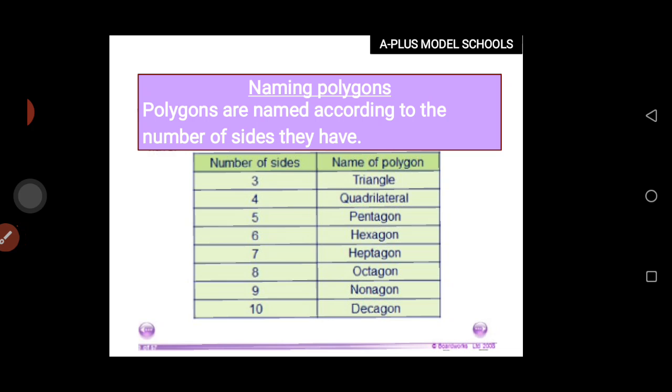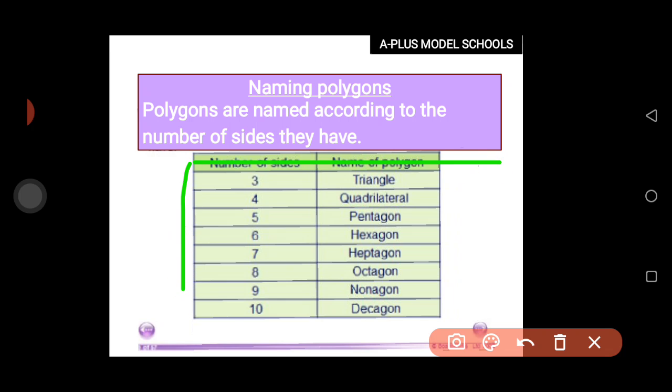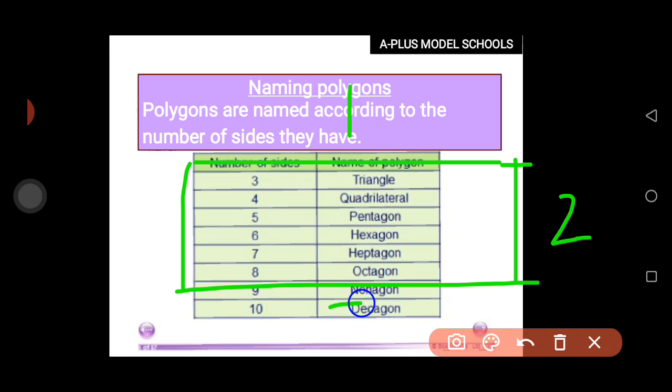The next one is a quadrilateral. It's a shape that is enclosed by 4 sides. For instance, if I have a shape like this, don't mind if the lines are not straight. If I have a shape like this, you can see this is 1, this is 2, this is 3, this is 4.